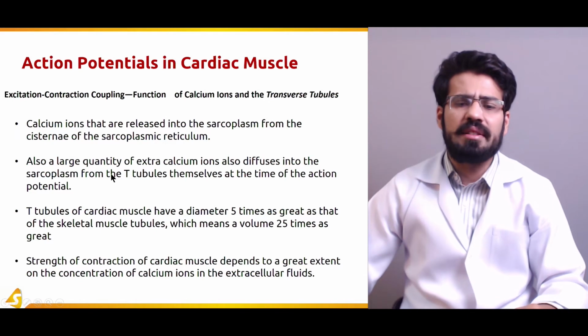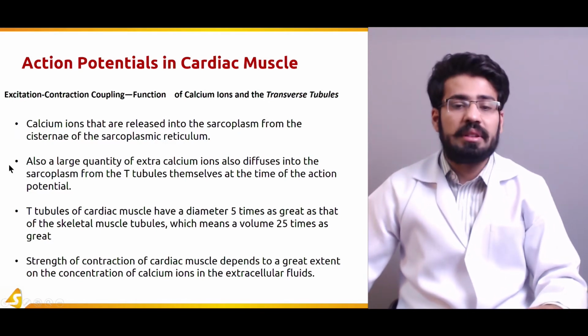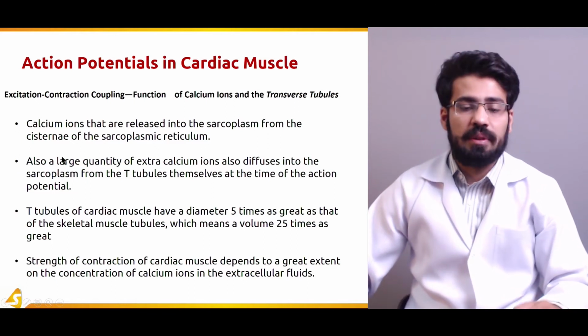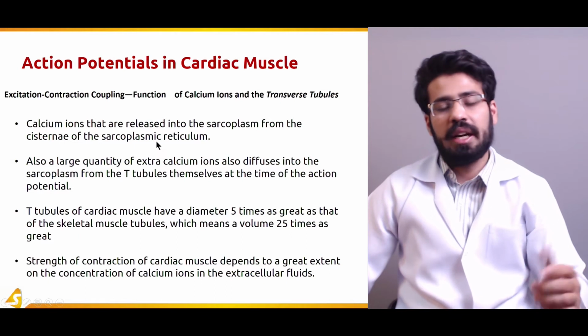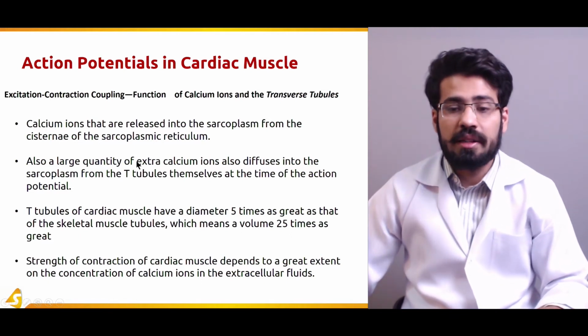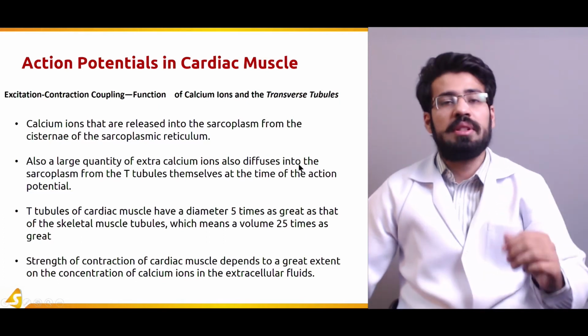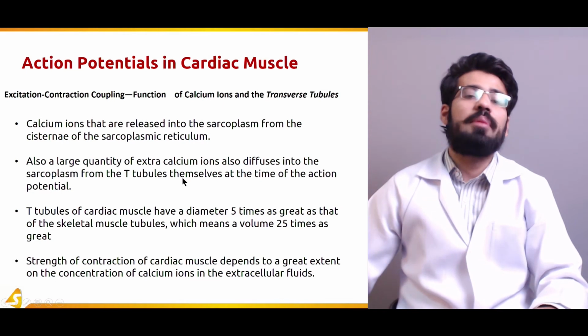Now, the calcium ions are released into the sarcoplasm from the cisternae of the sarcoplasmic reticulum. Of course, this also occurs in the skeletal muscles, but a large quantity of extra calcium ions also diffuses into the sarcoplasm from the T tubules themselves at the time of the action potential.